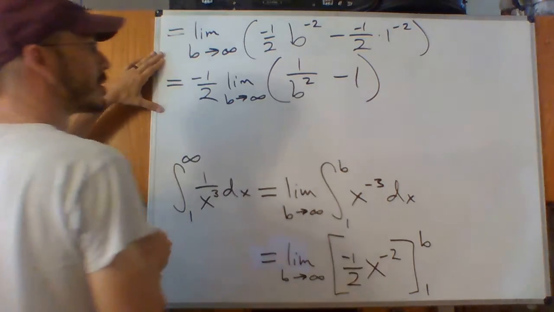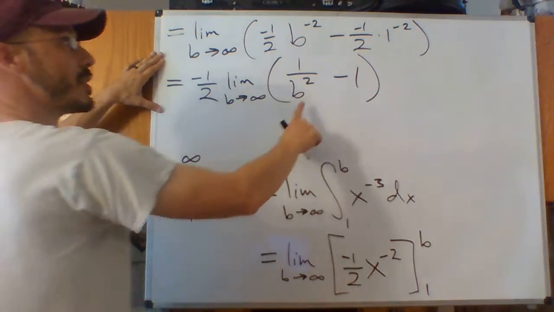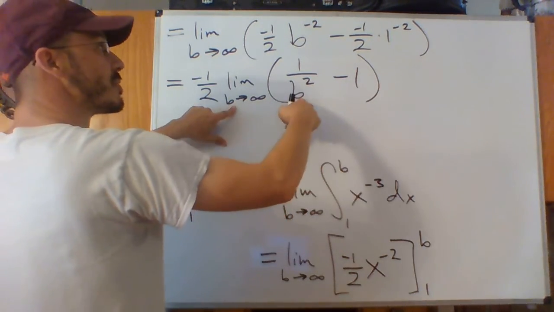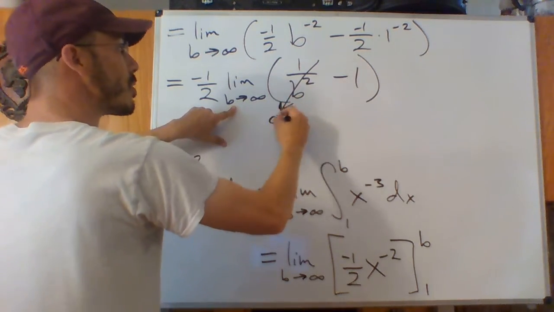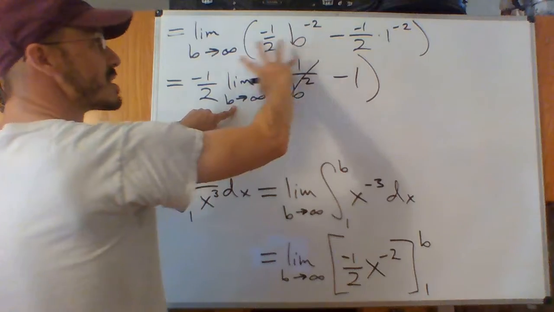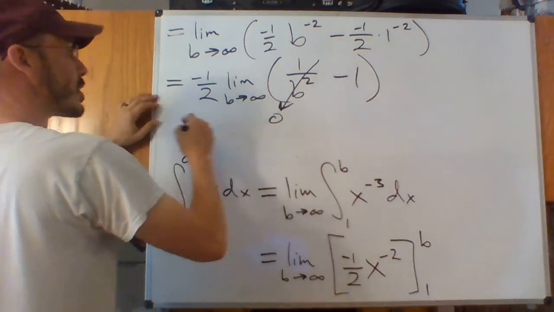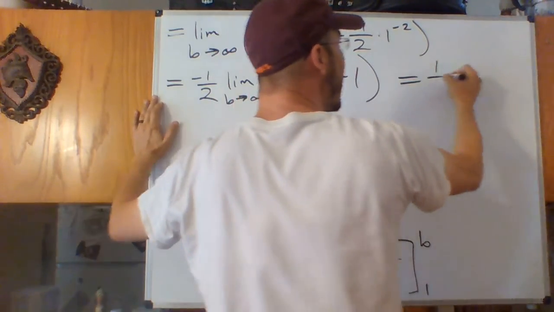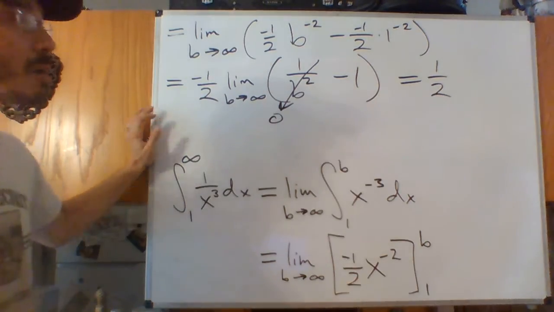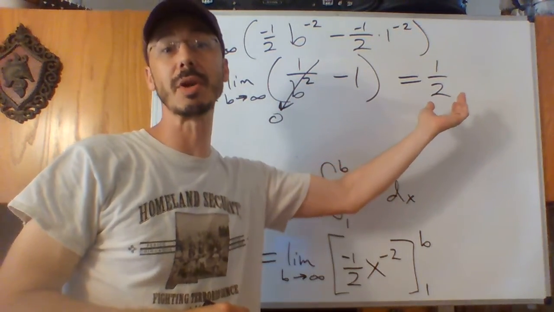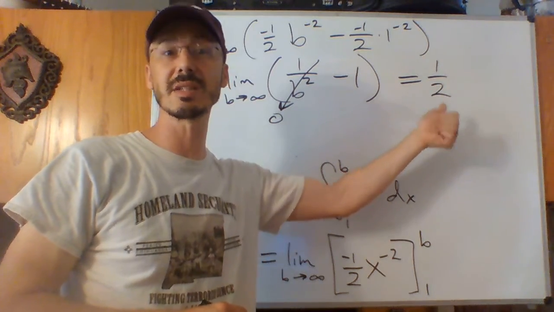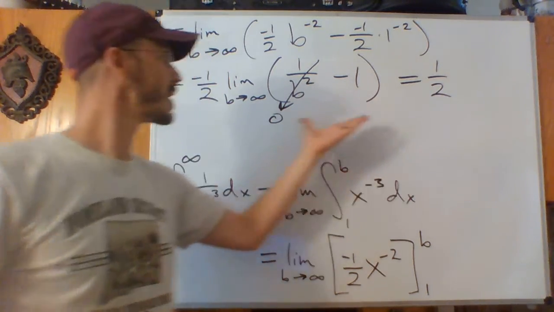Now this part, since b goes to infinity, b squared goes to infinity, and its reciprocal goes to 0. So all that's left is -1. -1 times -1/2 is 1/2, which is the number isn't so important as the fact that it's a number. It's a real number. It's not infinity, and it's not a limit that doesn't exist.